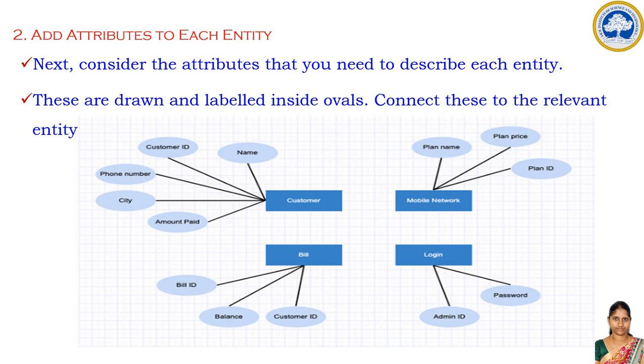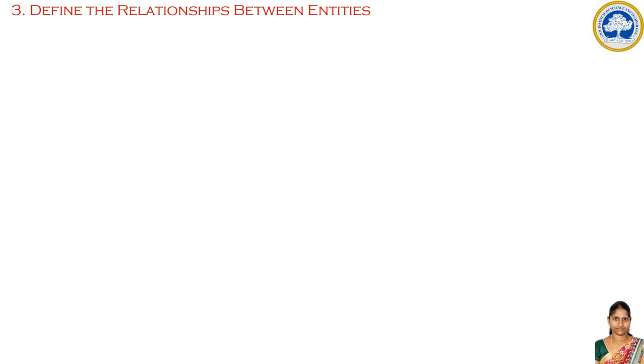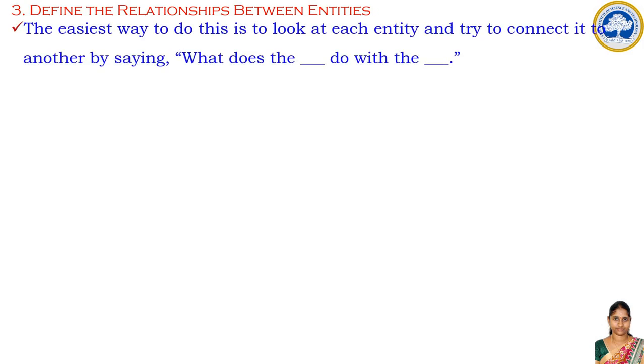Then next step, we have to identify the relationship between the entities. Relationship identification: simply we can say what one entity does with another, how each entity connects with another one.